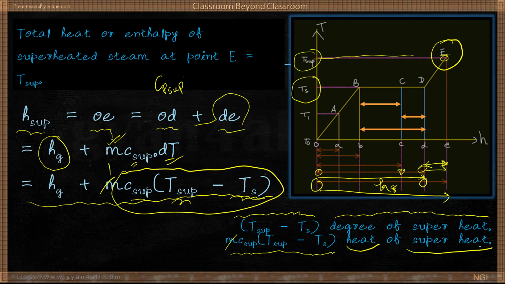That means the heat added beyond dry steam. Dry steam plus heat of superheat is the total heat of superheated steam.